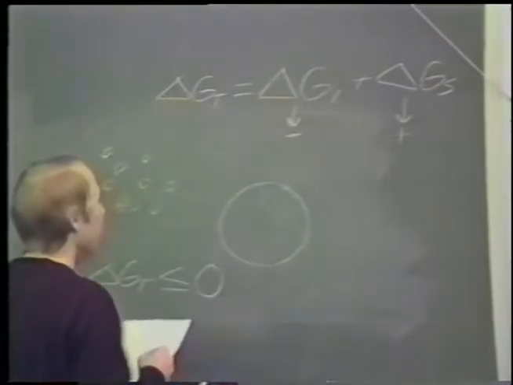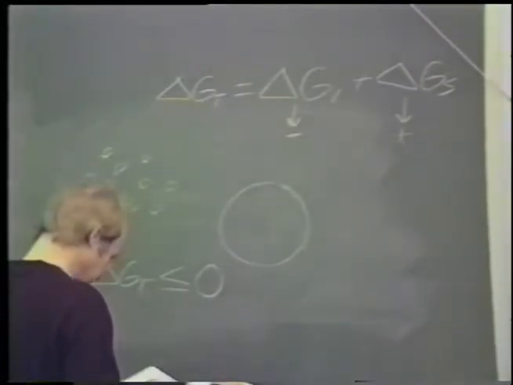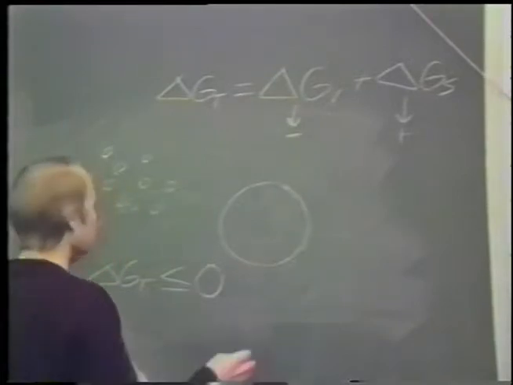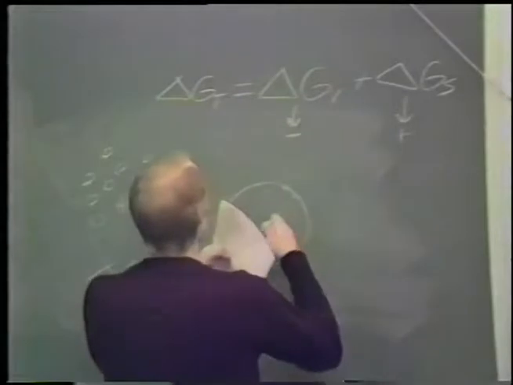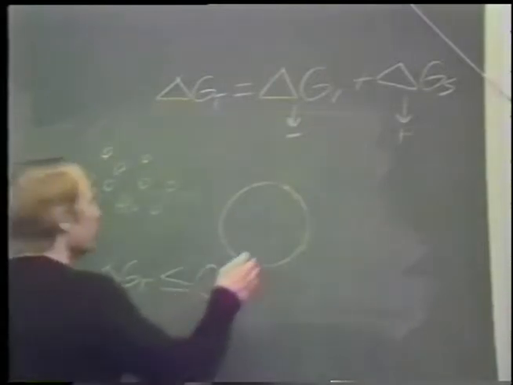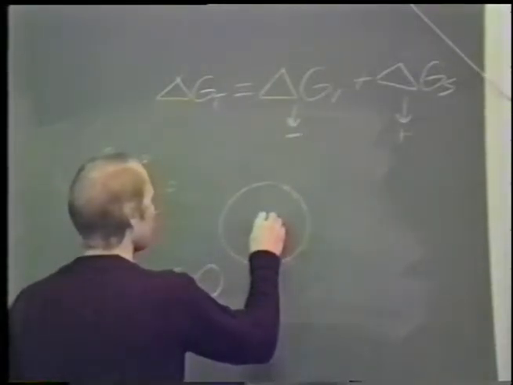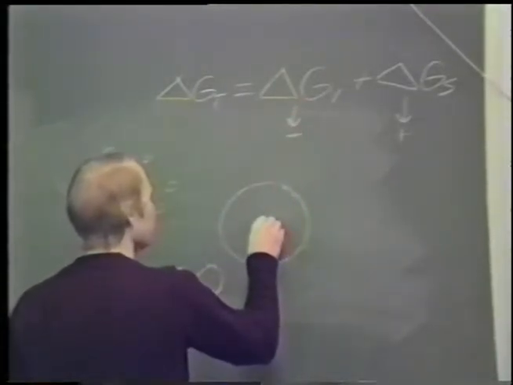Now, at any given temperature, the clusters are formed in all different size categories. And as the cluster gets larger, the number of molecules in the interior increases faster than the number of molecules on the surface.